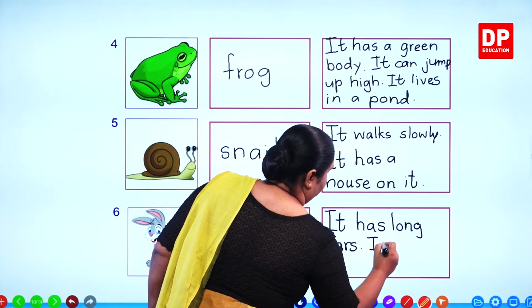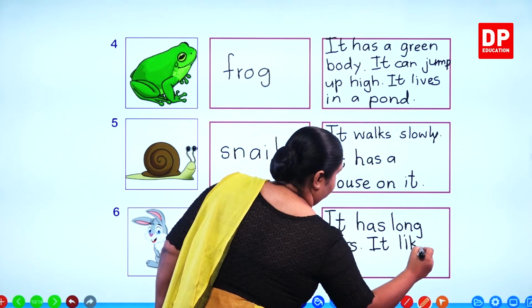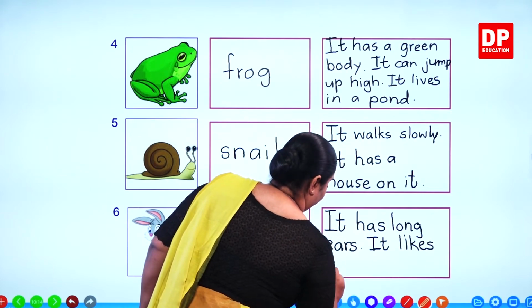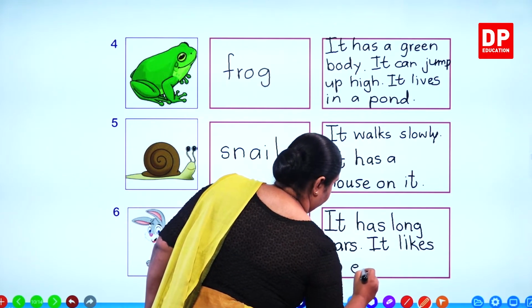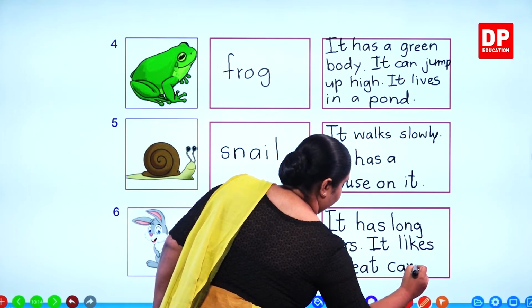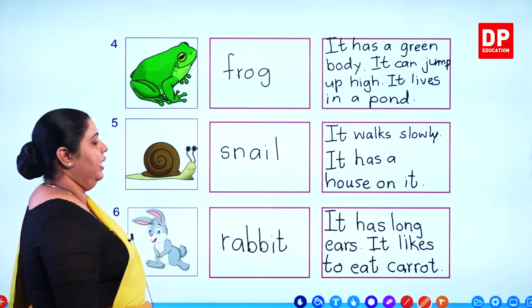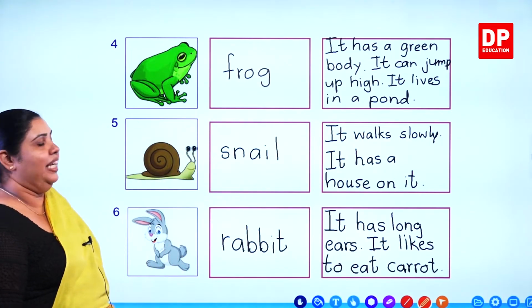It likes to eat carrot. It has long ears. It likes to eat carrot.